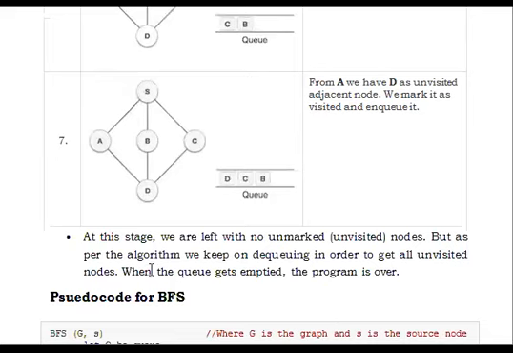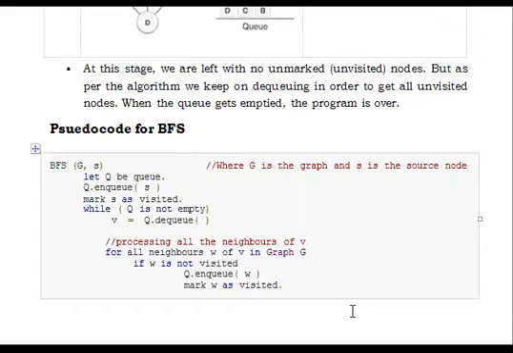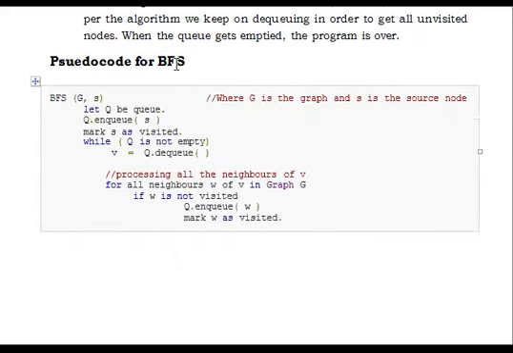Then the algorithm keeps on dequeuing in order to get all unvisited nodes. This is one of the pseudocode for breadth first search, where G is a graph and S is a source node.